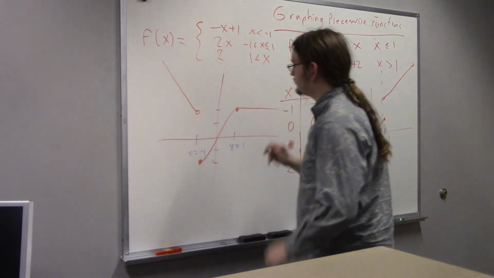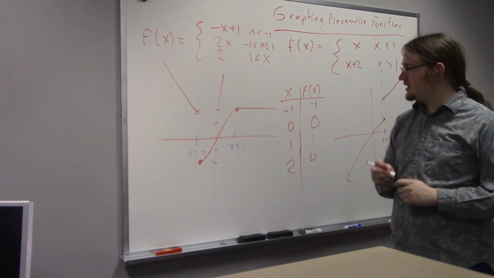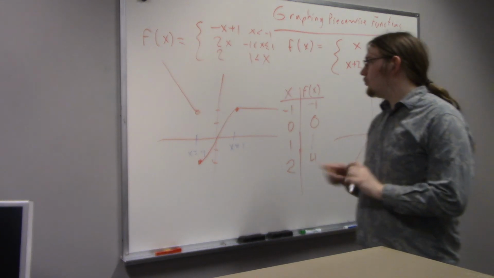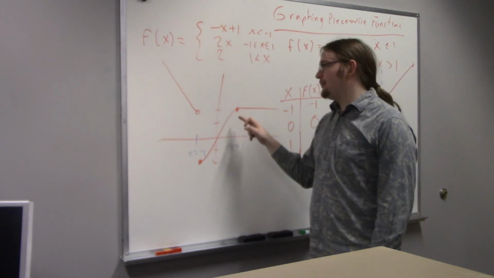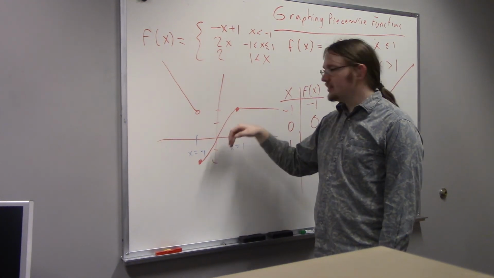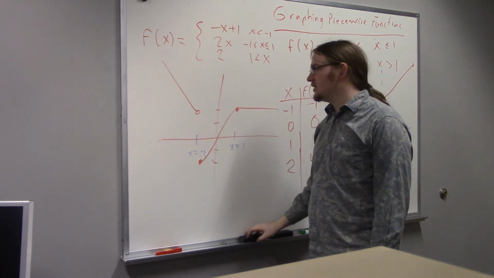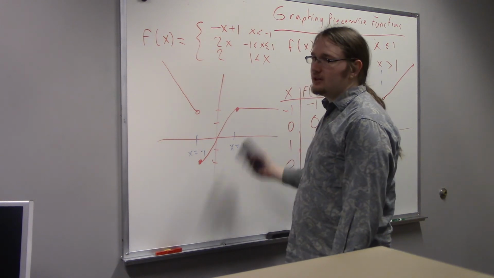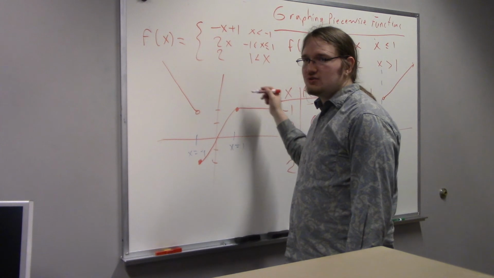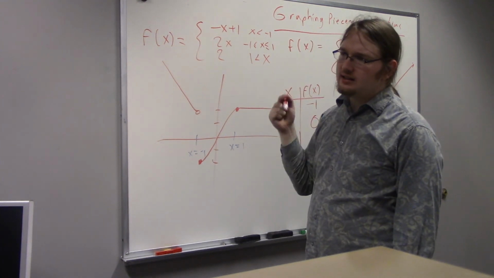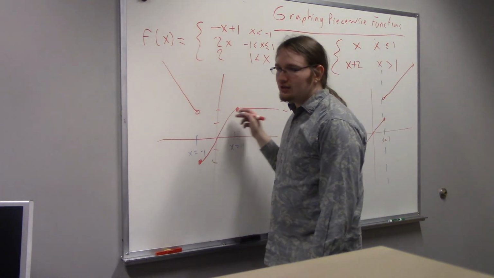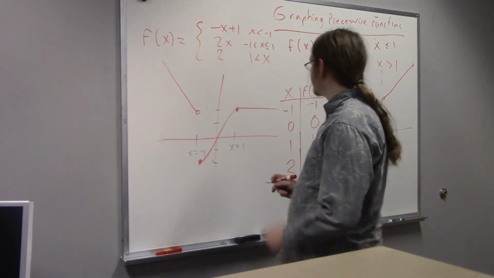Something nice that happens is that when we have an open circle and a closed circle overlap like that, you don't have to draw a dot at all right there. Essentially it's closed, or another way we talk about it later in calculus is that it's continuous: the idea that you can draw it without lifting your pen off the paper.